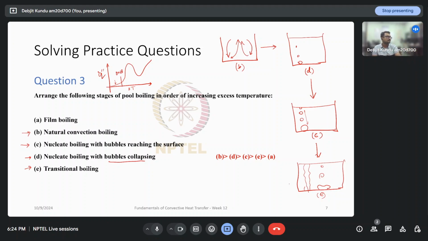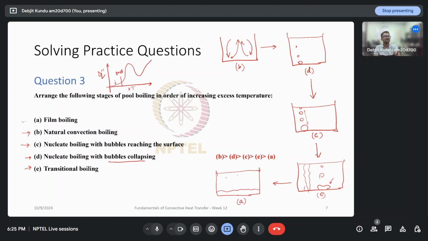Moving even further from here, we saw these film blankets forming on the surface. If they keep growing and many other film blankets form, they will connect with each other and cover up the whole contact region between the solid and the liquid. As a result, we will get a film of vapor in between. This stage is known as film boiling.